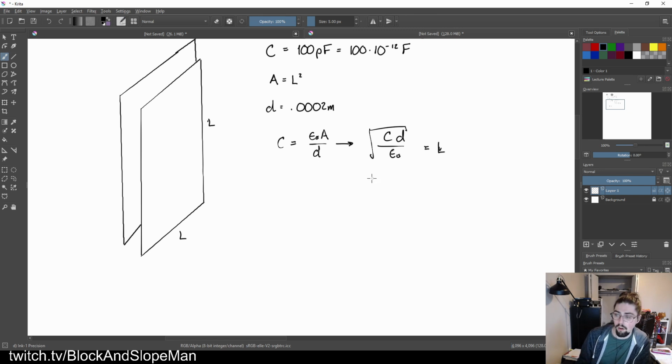My pen is all over the place. I'm getting all sorts of weird scribbles, and I'm not sure why. But anyways, we plug in all of those numbers, and we should find something like 0.0475. Of course, in standard units, so if we want that thing back in centimeters, 4.75 centimeters.